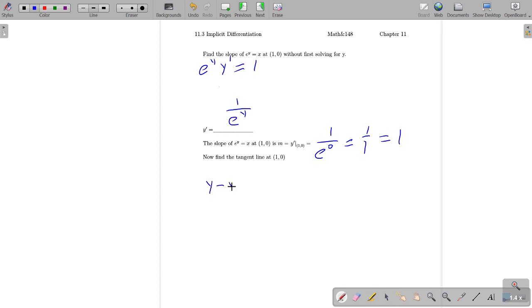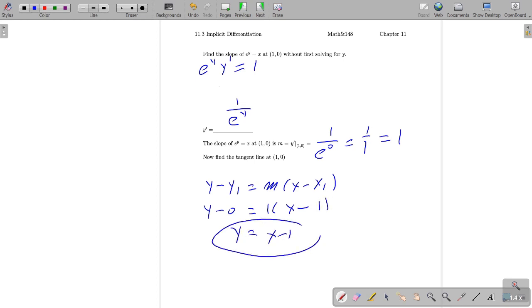So y minus y1 equals m times (x minus x1). So my point is y minus 0 equals, slope is 1, times (x minus 1). So y equals x minus 1 is my tangent line at that instance.